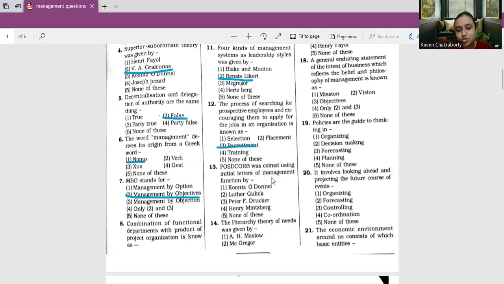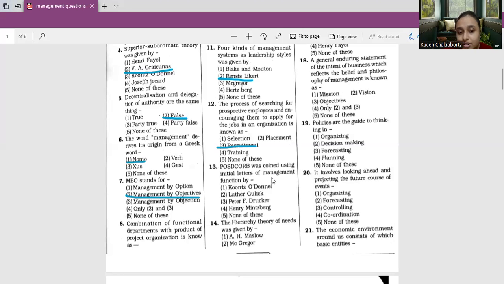Next, moving on to question number 13. POSDCORB was coined using the initial letters of management functions by: Hans O'Donnell, Luther Gulick, Peter F. Drucker, Henry Mintzberg, or none of these.